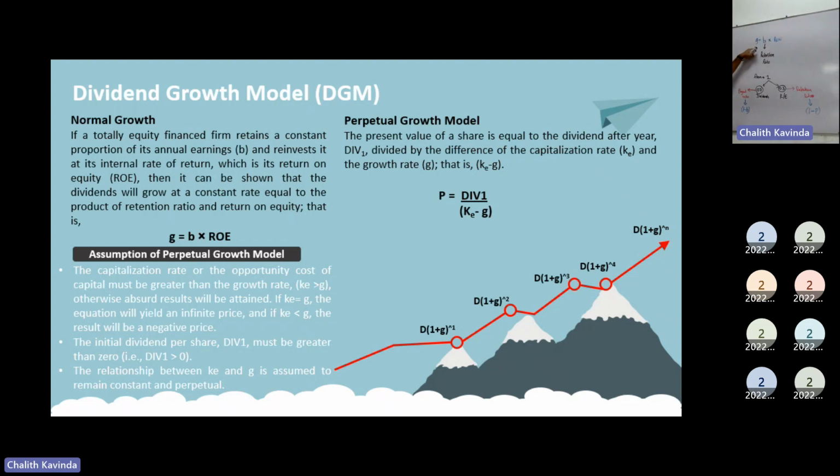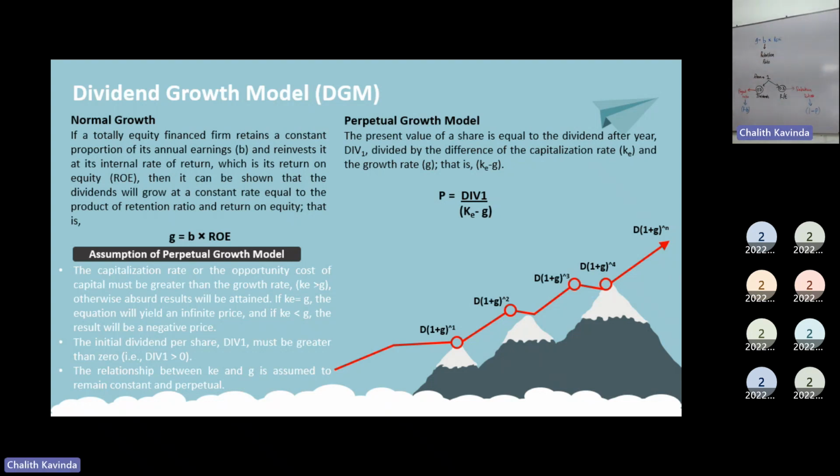That is what it says, the same thing I have illustrated in a very simple way. You reinvest your retention, generating a return equal to your ROE. Accordingly, there's growth.